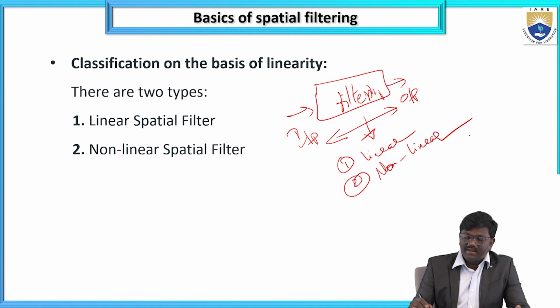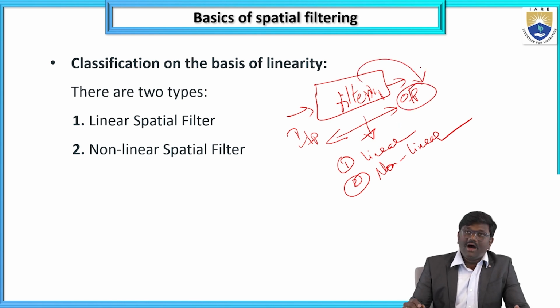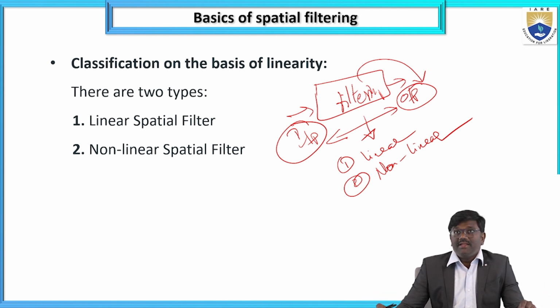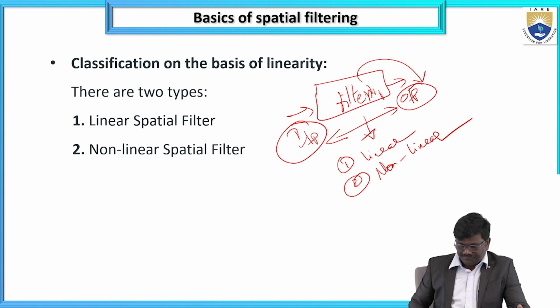What do we mean by linear and non-linear relation? Linear means the output of the filtering process always follows the input. Whereas a non-linear filtering process is one where the output does not 100% follow the input. So this is what we want to understand, the difference between linear spatial filtering and non-linear spatial filtering.